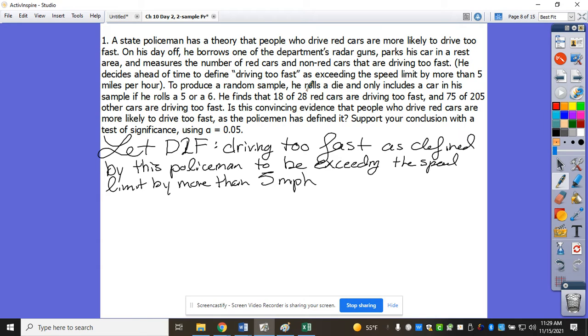So this is our numbers for red cars. Gives us an x1 of 18, n1 of 28. And then this is our x2, n2. And this is one of those where I don't really want to call this 1 and 2.